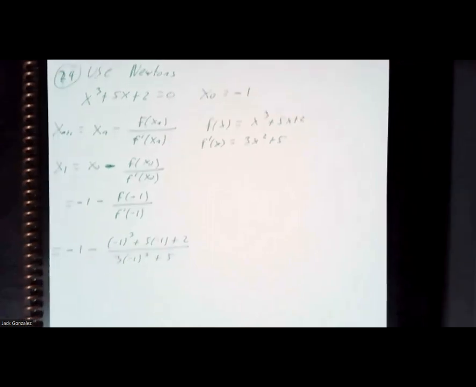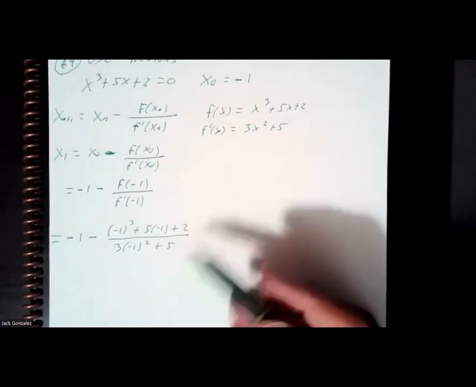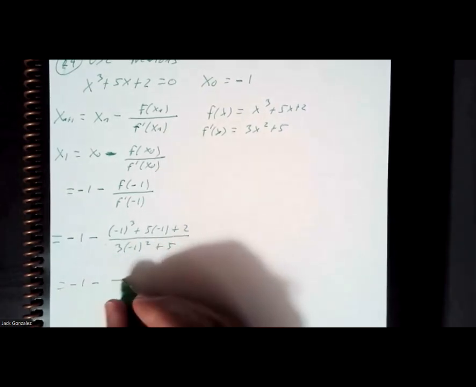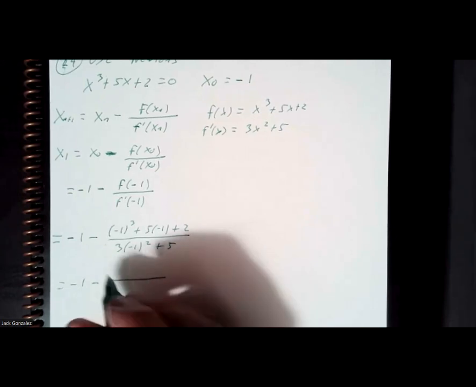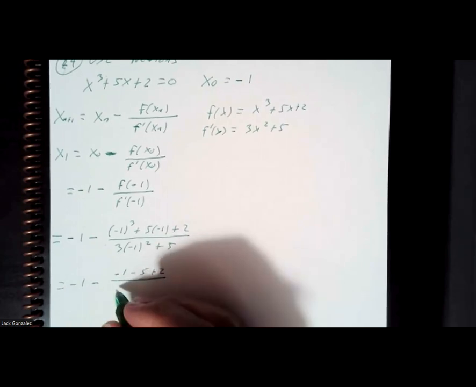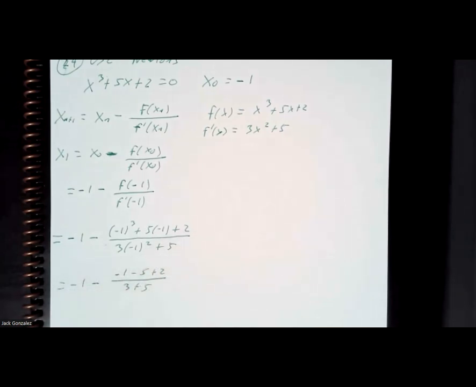All right, so I'm just using the formula. -1 into the original, -1 into the derivative. So that'd be -1 minus... -1 minus 5 plus 2, 3 plus 5. Okay. I'm just going to go ahead and use the calculator.